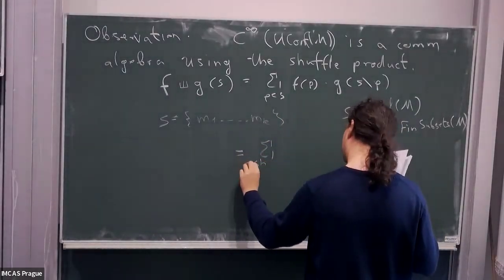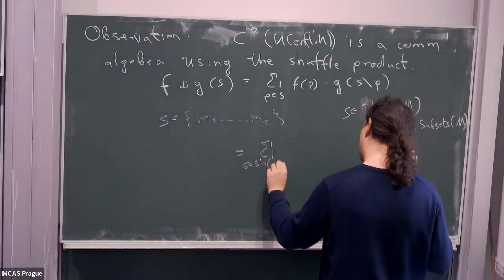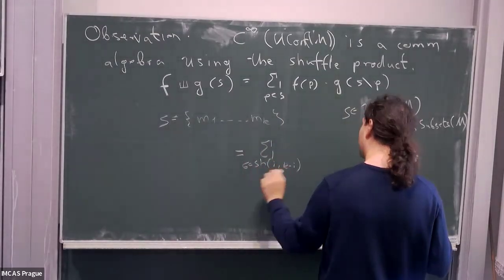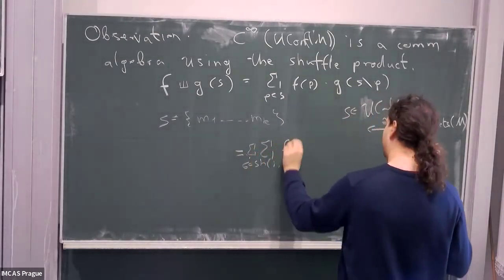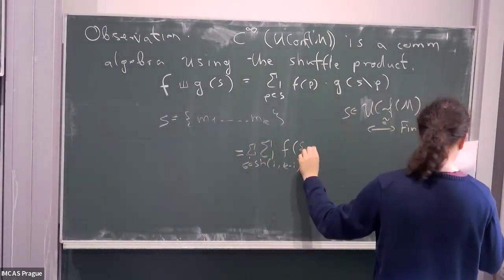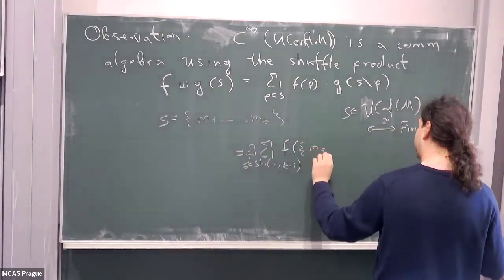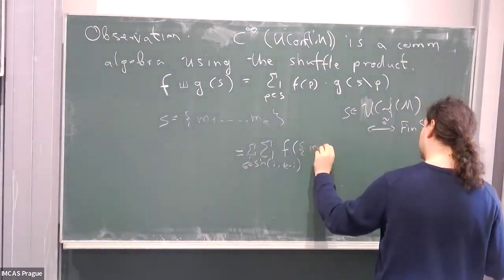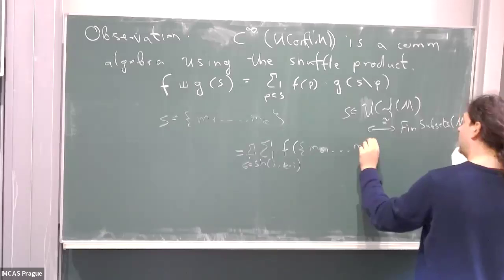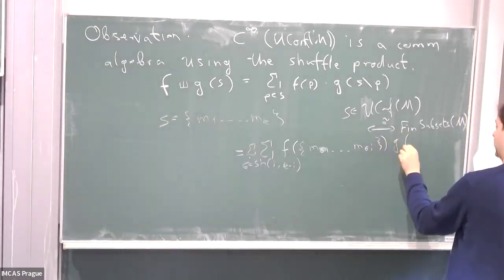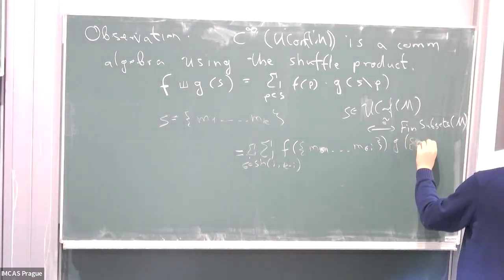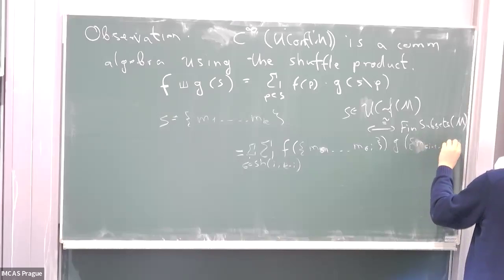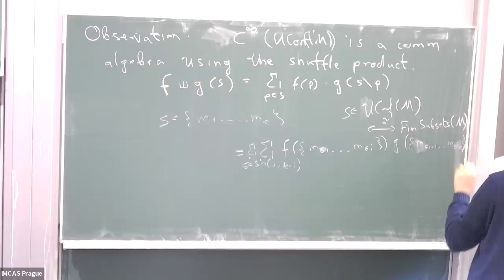So sigma in shuffles of I, k minus I, and we are actually also summing over all possible I, F applied to the tuple M sigma 1 to M sigma I, and G applied to the rest of them. Right.